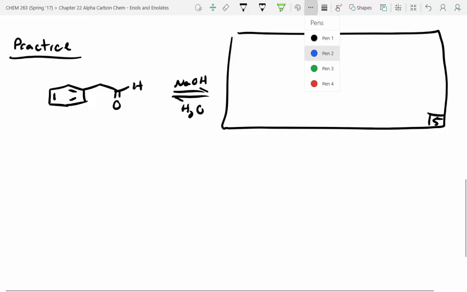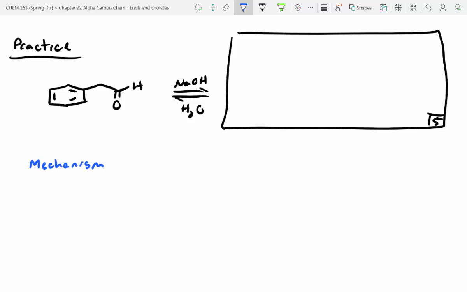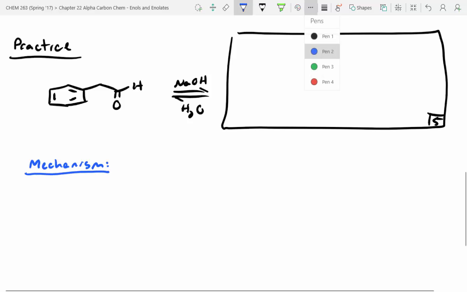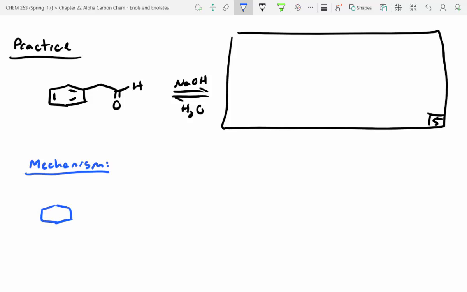And we'll do the mechanism below too. And then if you think you got the answer, give me a thumbs up too, so I kind of know where people are at.